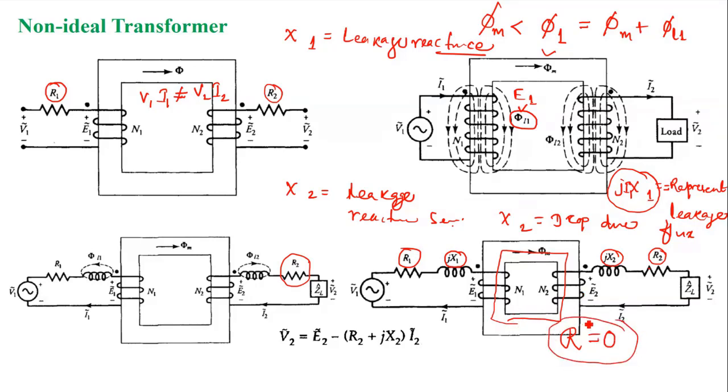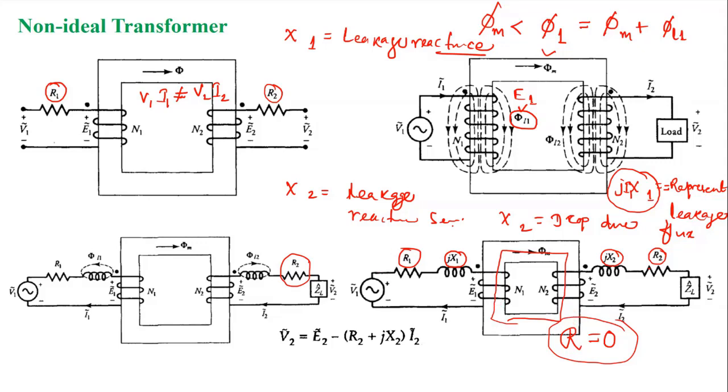When this reluctance has a certain finite value, obviously the core will not have infinite permeability, and hence it will incur some magnetic loss. We will represent this in the future slides. I will show it again.